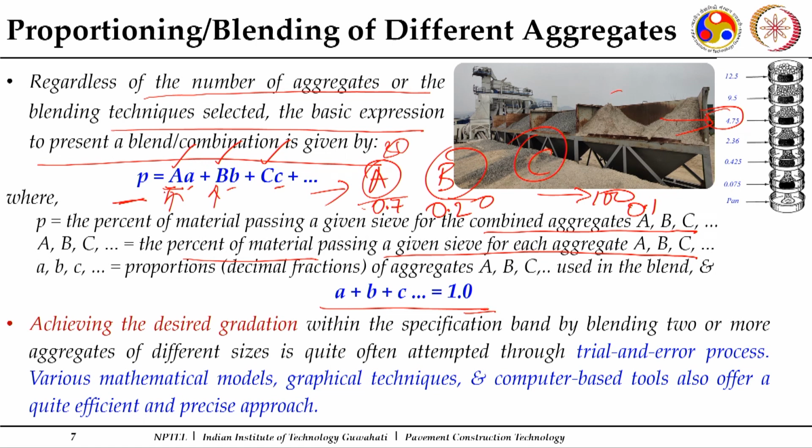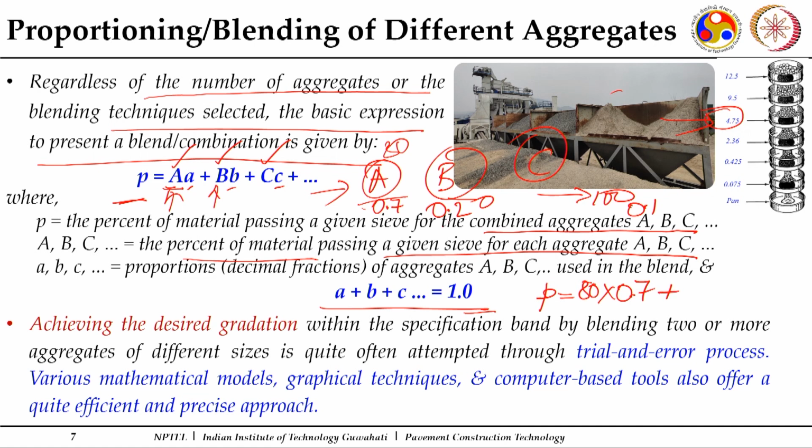Now, for this particular example, if I want to see how much percentage is passing through 4.75, then as I said, 80% is passing. So, 80 into 0.7 for the first case.